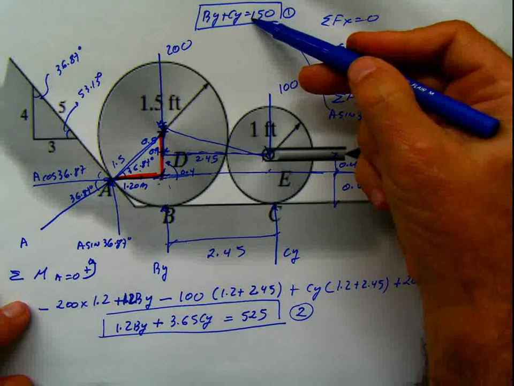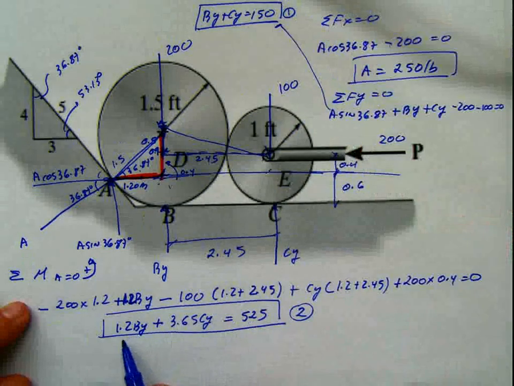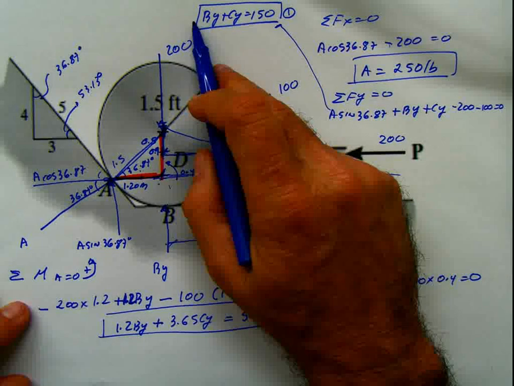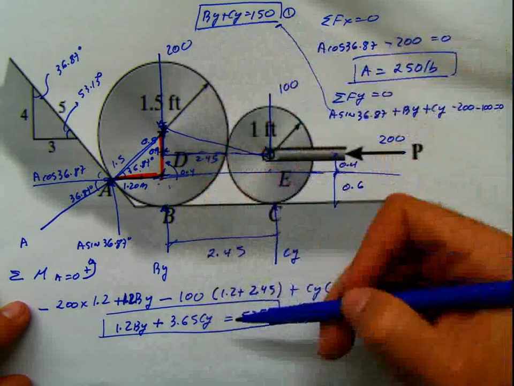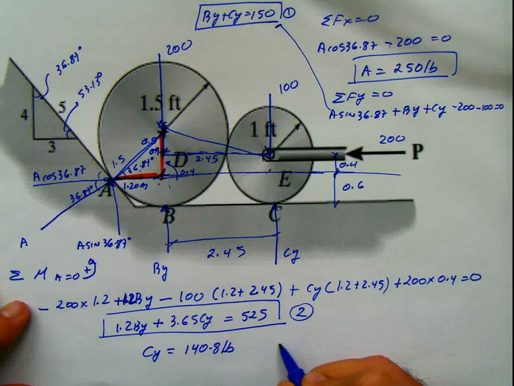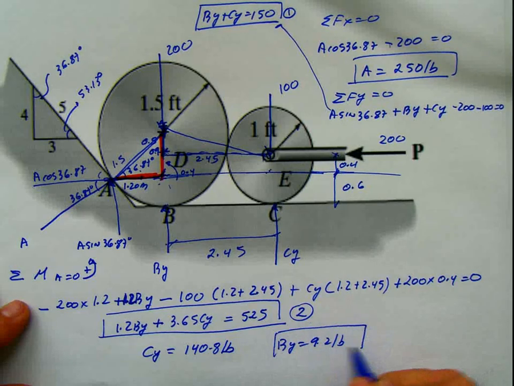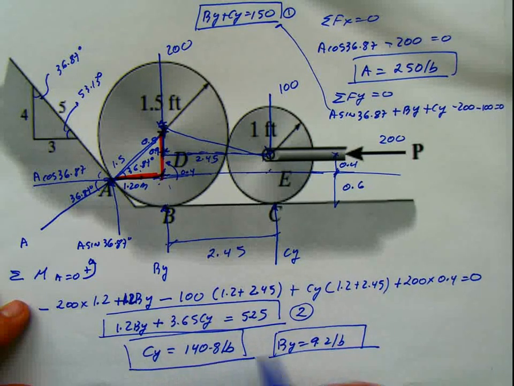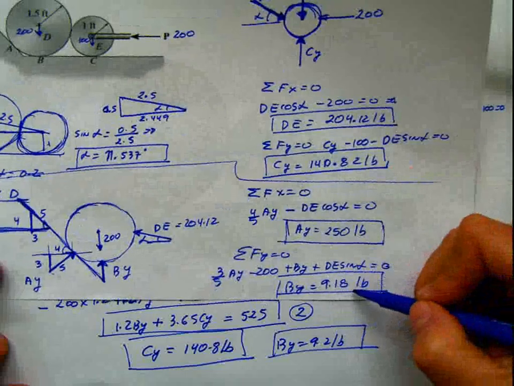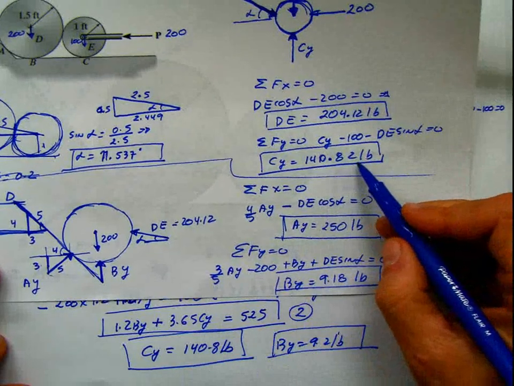Then I get equation 1 and equation 2, and I solve by any method that you want to. You can just divide this by negative 1.2 or multiply this by negative 1.2, add them, and solve. And when you solve, you get CY equal 140.8 pounds and BY equal 9.2 pounds, which are the same values that we got before. BY 9.18 or 9.2 and CY equal 140.82 pounds.